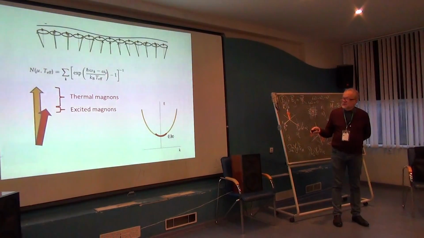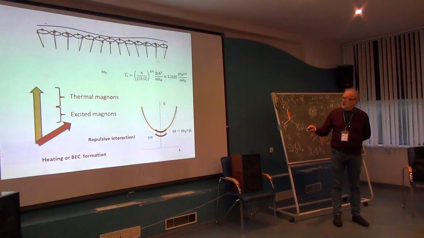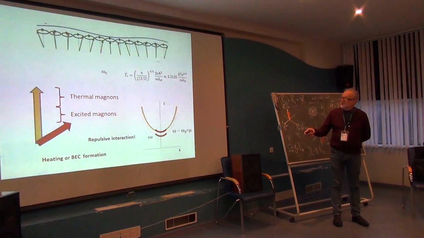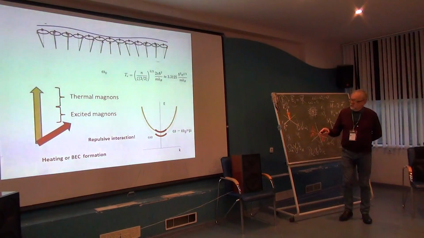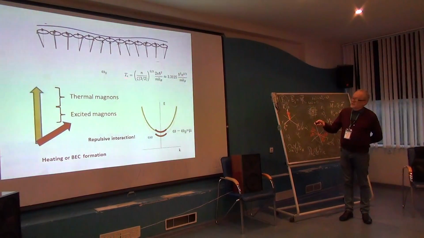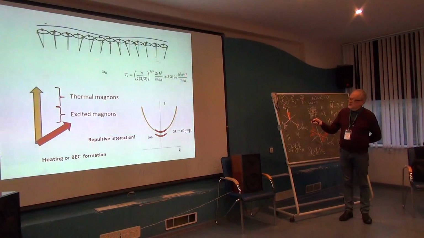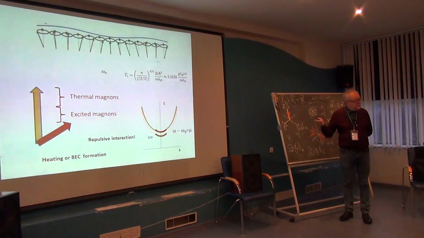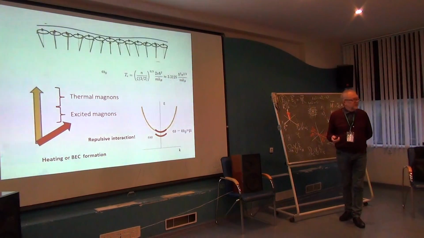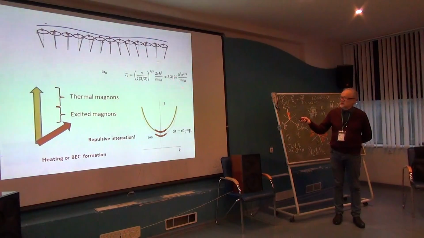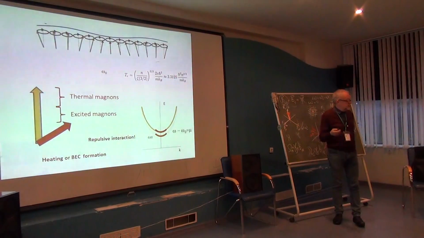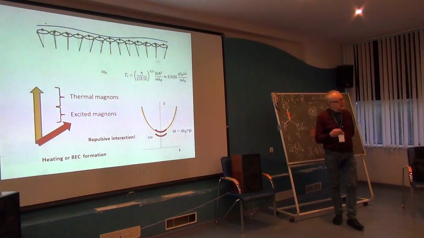To get the Bose condensation, we need a big angle of magnon deflection. In this case, you can apply the same equations for the Bose condensation: temperature, density of magnons, and mass of magnons. Of course, magnons should interact with each other. So mass appears because of interaction of magnons between each other. So it's definitely a non-linear phenomenon.